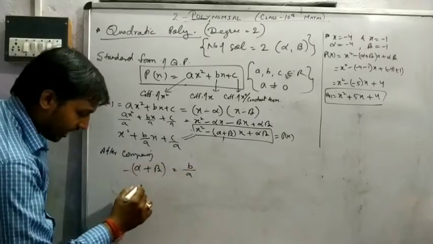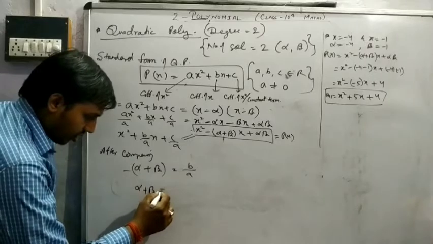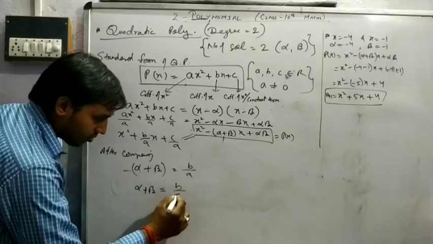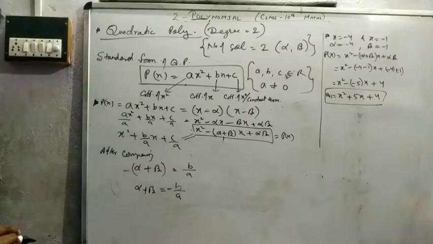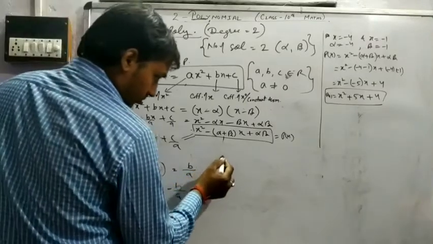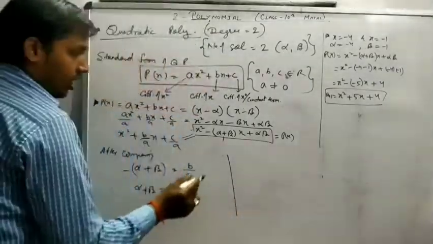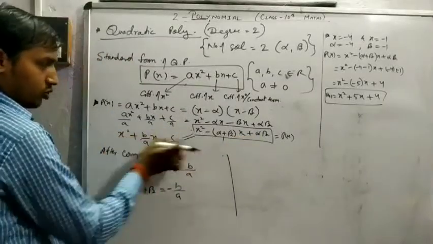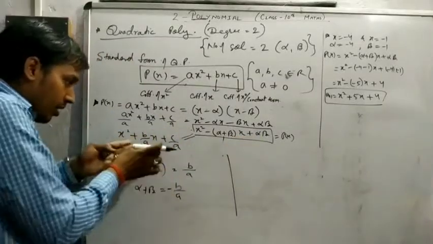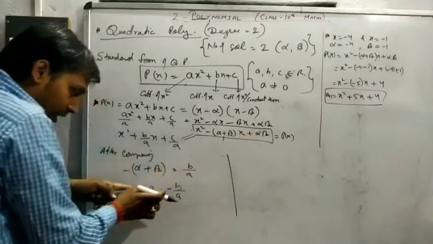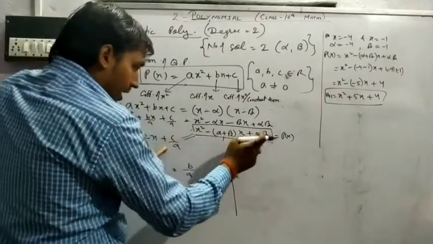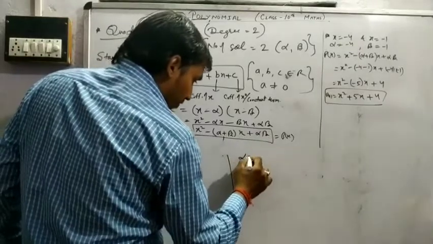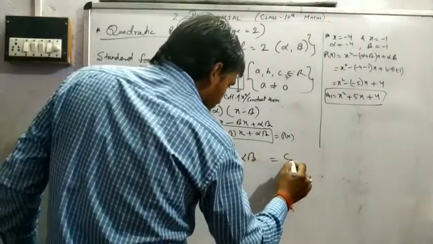Comparing x square, it is the same, so it's not comparable. Here, comparing the next term, you get alpha plus beta is equal to minus b upon a. Comparing the third term, alpha beta is equal to c upon a.